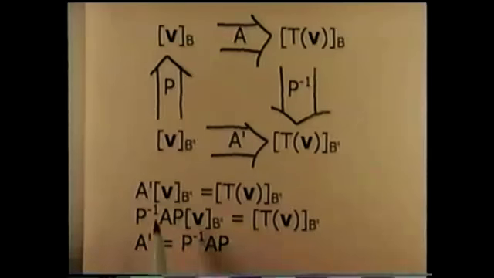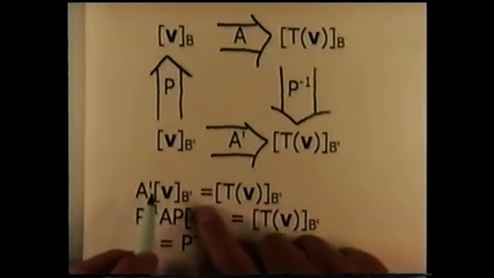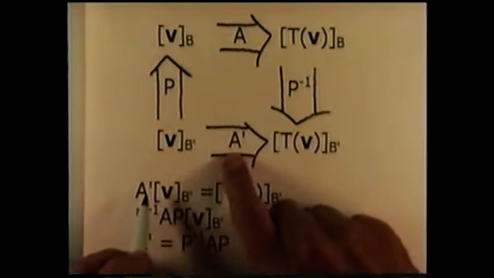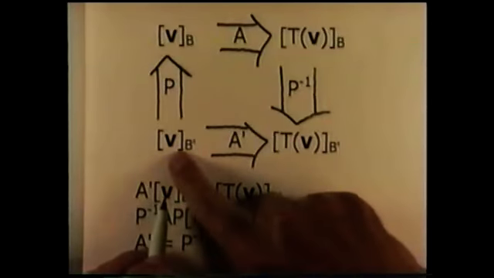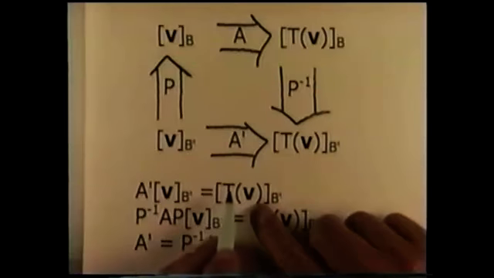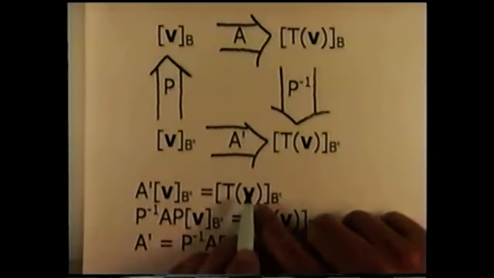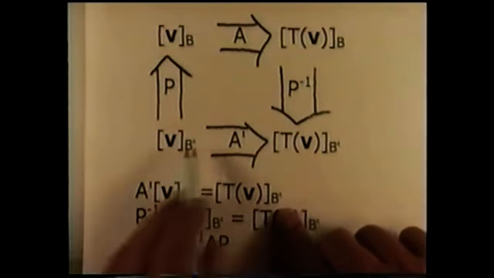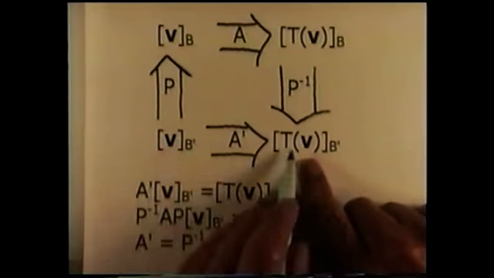We can go the direct route, which is what I said: A prime times V with respect to B prime is equal to the transformation of V with respect to B prime. That's just going straight across.